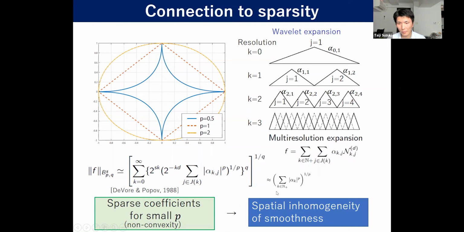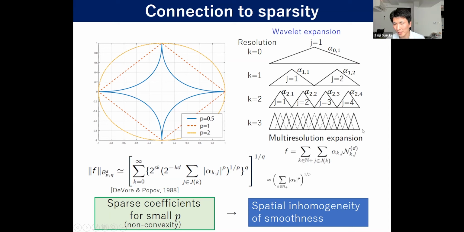Now we turn back to this wavelet expansion. If p is small, then many coefficients are close to 0. For example, the coefficient corresponding to a basis function here is 0. Then the high resolution components are 0 around here, but around these other locations the coefficients are non-zero, so a high frequency component appears there.